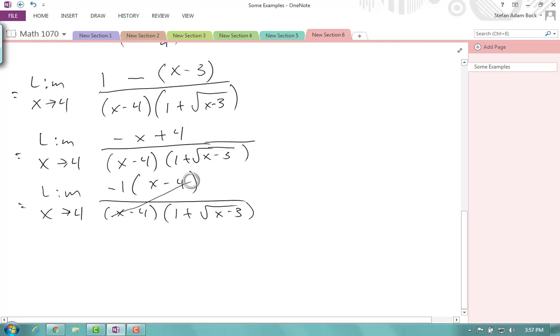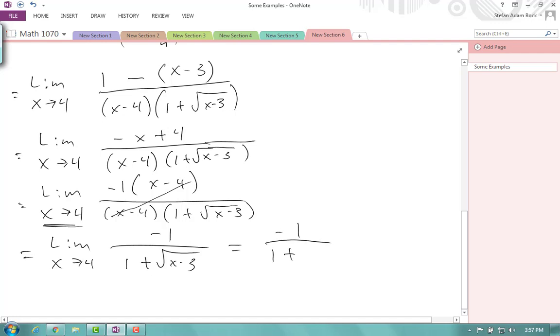Now I can cancel these, and hence my problem has been canceled away, because that was the problem. I'll have negative 1 over 1 plus the square root of x minus 3. What do I get out of that? If I plug in 4, I'll have negative 1 over 1 plus 1. Excellent. Negative 1/2.